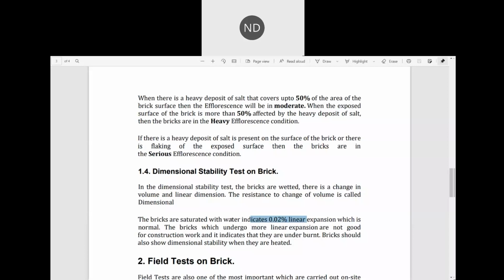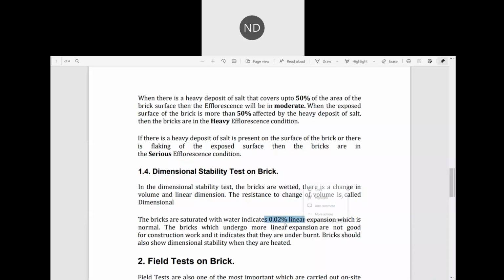This is one of the tests, the dimensional stability test, where the linear expansion is limited to 0.02%. If your dimensional change is more than 0.02%, that means your brick is not burnt properly.